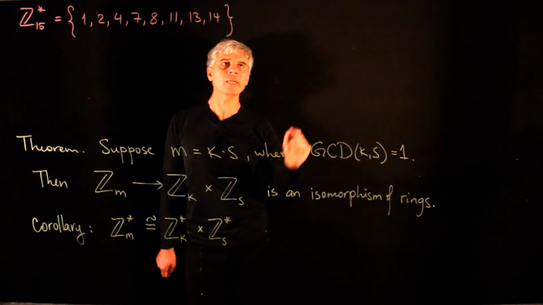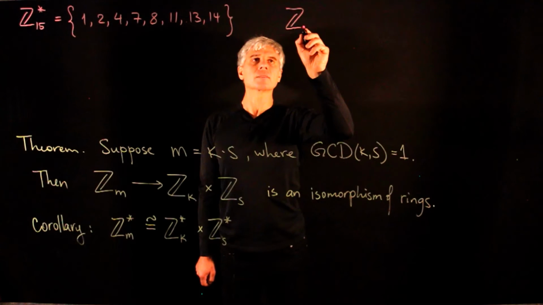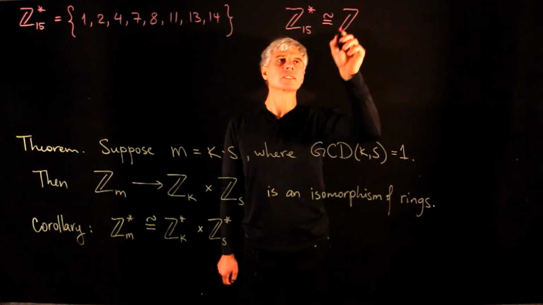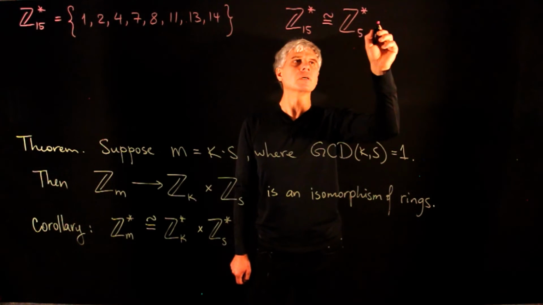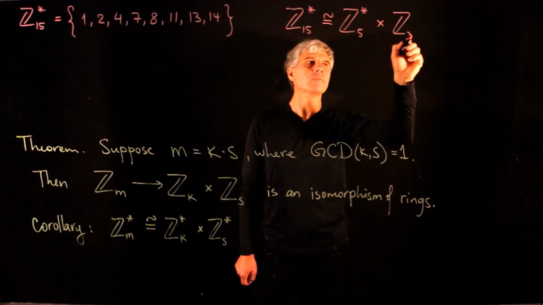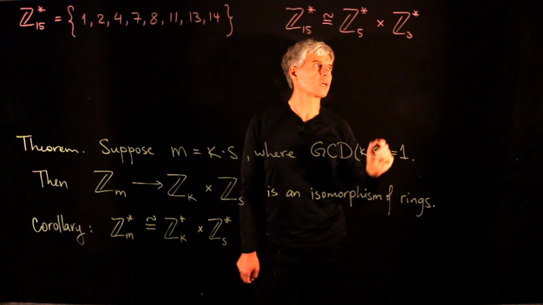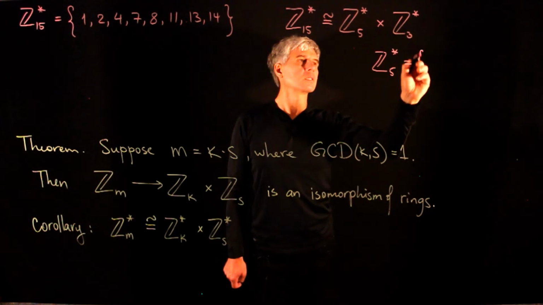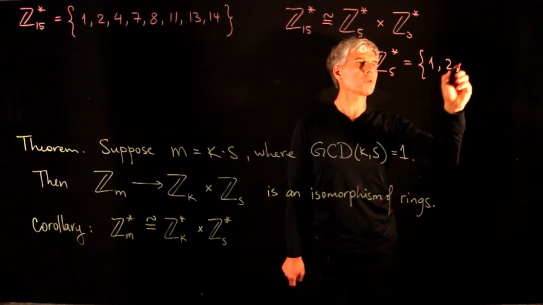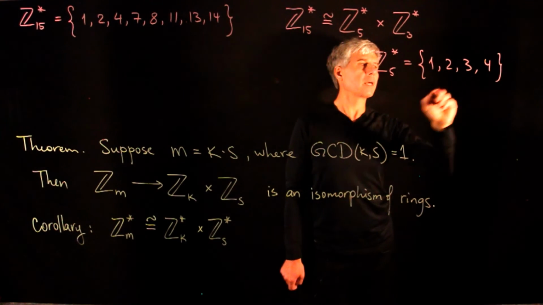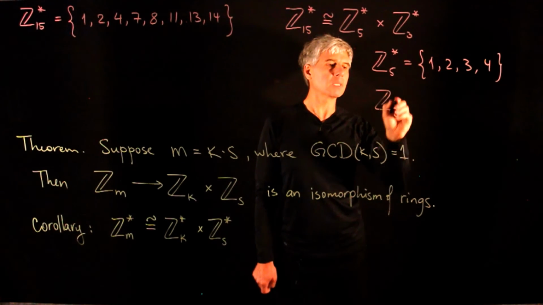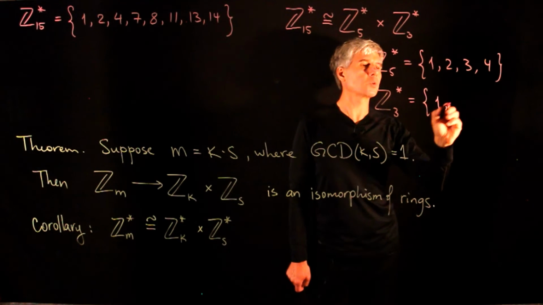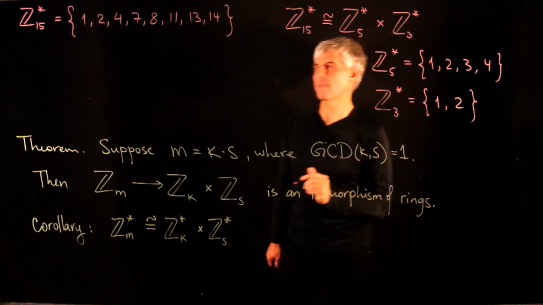We claim that this group is isomorphic to Z5 multiplicative cross Z3 multiplicative, where Z5 multiplicative is the set 1, 2, 3, 4, and for Z3 multiplicative, since 3 and 5 are both prime numbers, we just exclude the zero remainder.